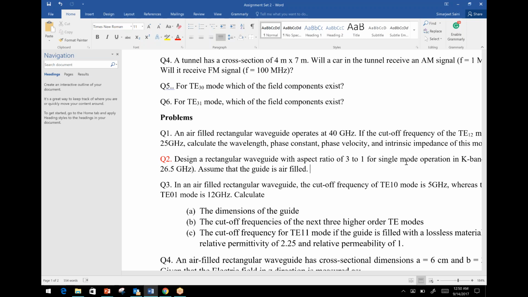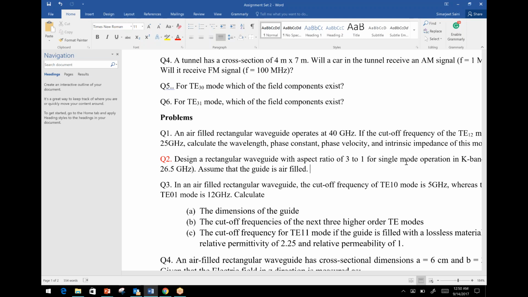Now, given the aspect ratio of 3 to 1, you'll have to think through whether the second mode is the TE01 mode or the TE20 mode. Or basically play with both the numbers and see which one gives a lower cutoff frequency.